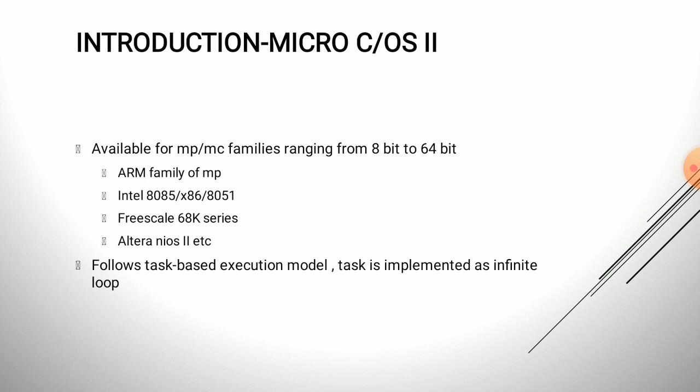The Micro C OS2 kernel is available for different families of processors or controllers, ranging from 8-bit to 64-bit. For example, the ARM family of processors, Intel 8085, x86, 8051, Freescale 68K series and Altera Nios II, etc. are examples of processors or controllers supported by Micro C OS2.